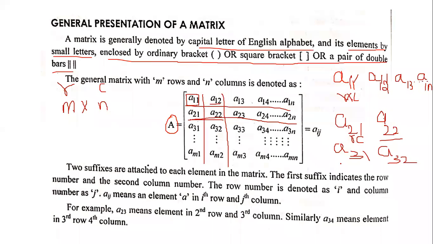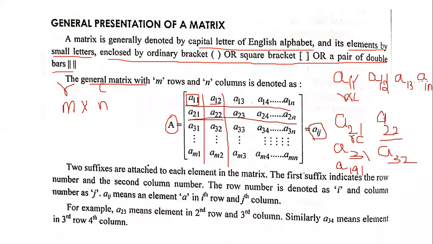If it is the 19th row, A 19th row, first column. This is how you denote the general matrix, where first you write the row and then the column number. This will give you the value of Aij.